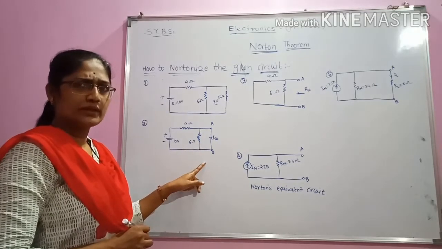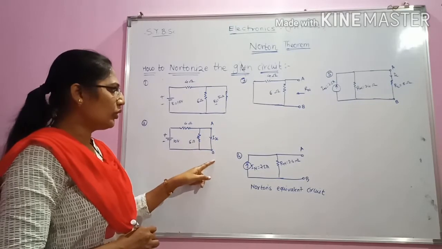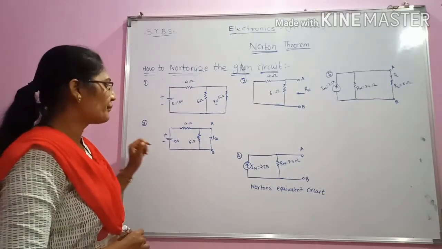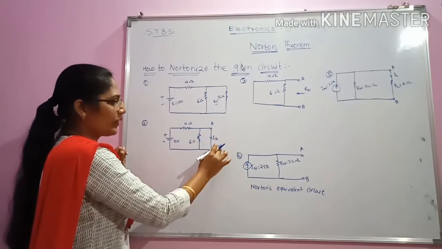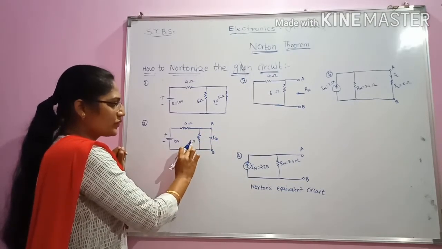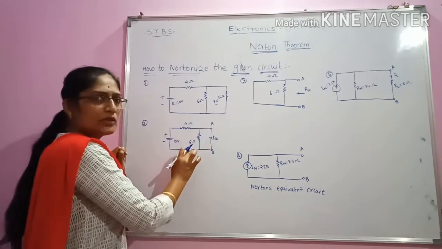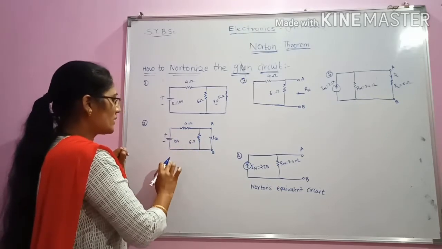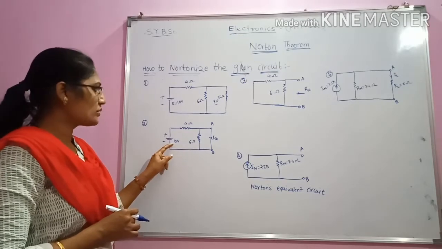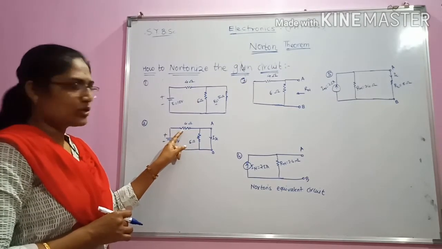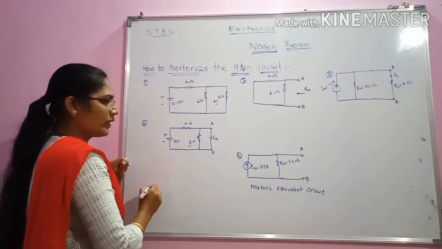In case of short circuit, a current ISC, that is the short circuit current, will start to move across A and B. So when we remove this load resistance, as the 6 ohm and this load resistance are in parallel, it also gets removed. So in our circuit there are only two components left. The first one is the 10 volt source and the 4 ohm resistance. So how to get the current across the 6 ohm resistor?